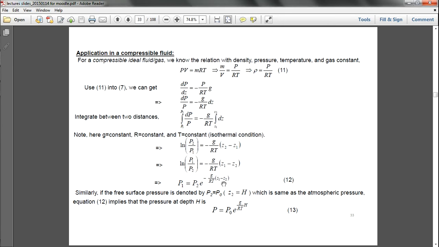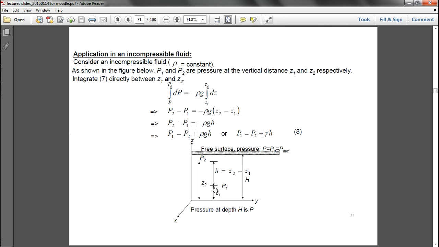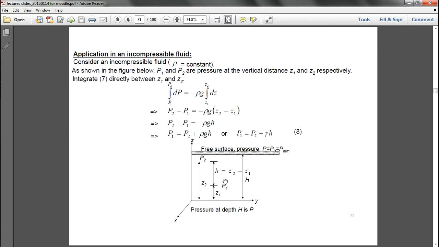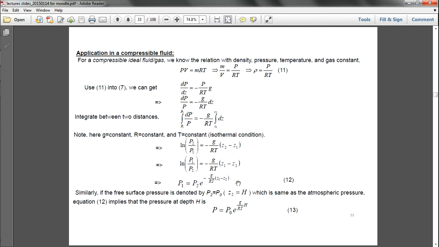Since z1 is definitely lower than z2, z1 minus z2 will be negative, so this whole thing becomes positive, and we can say that this is h. This z2 is equal to the h, as I said earlier. It's the height, the depth of the water.